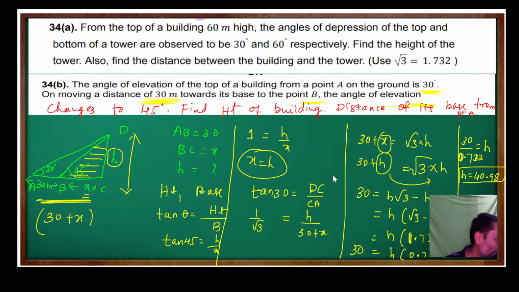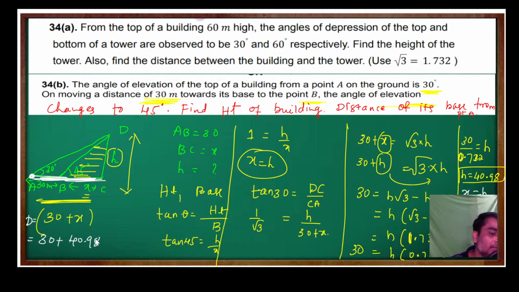Is it clear following? Then second part of this question. What is second part? Distance of its base from point A. What is this distance? Here only it is. Distance equal to 30 plus X. X is how much? X is equal to H. That means 40.98.